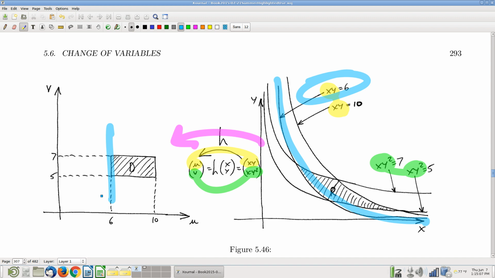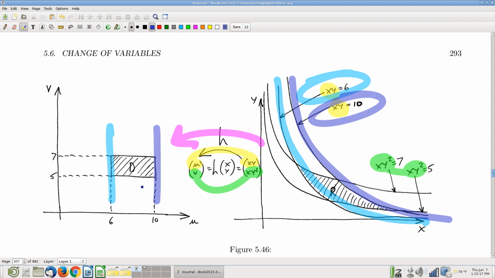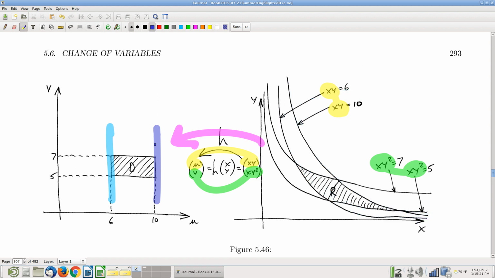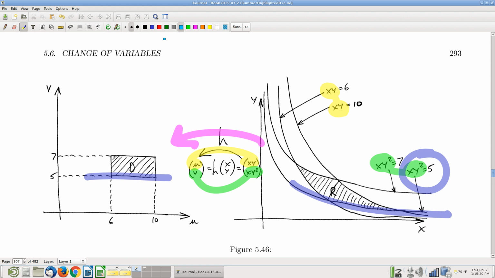And likewise for all the other lines. So that one is u equals 10. The other two are v equals 5 and v equals 7.